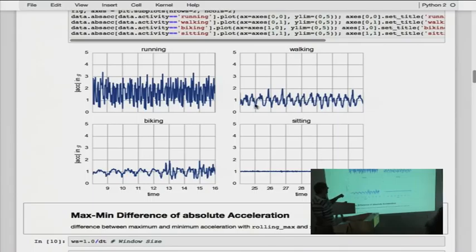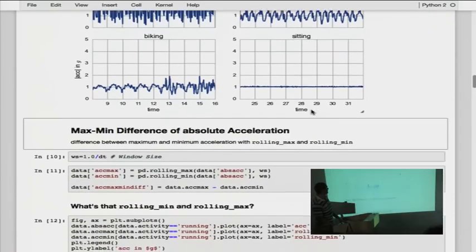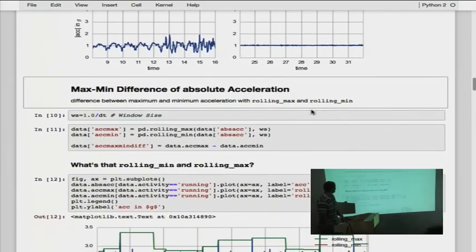While walking, it's a little bit messy, and while running, you have a high variance of the absolute acceleration. So maybe, and I know it's true, it's a good feature to estimate which of the 4 activities the device is doing.